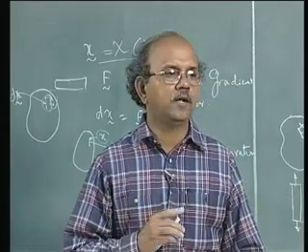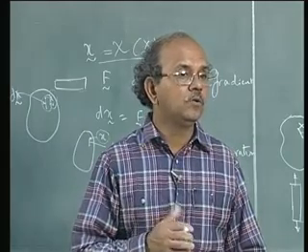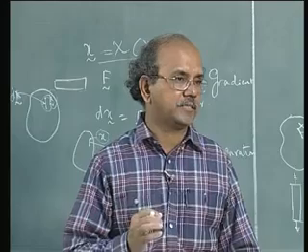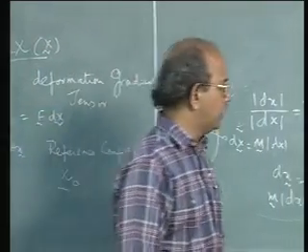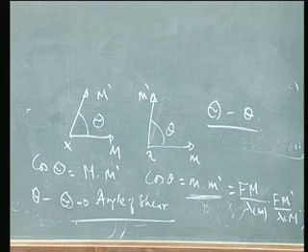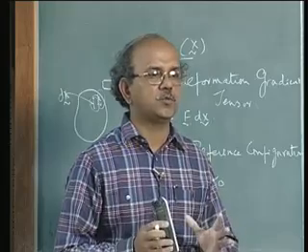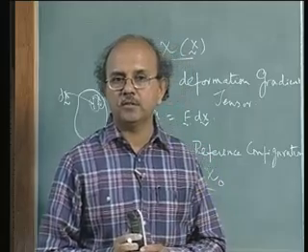So let us look at what happens to a volume element under deformation at a point X. In order to define a volume element, let me take at this same point capital X three vectors, a triad of vectors dX1, dX2 and dX3.